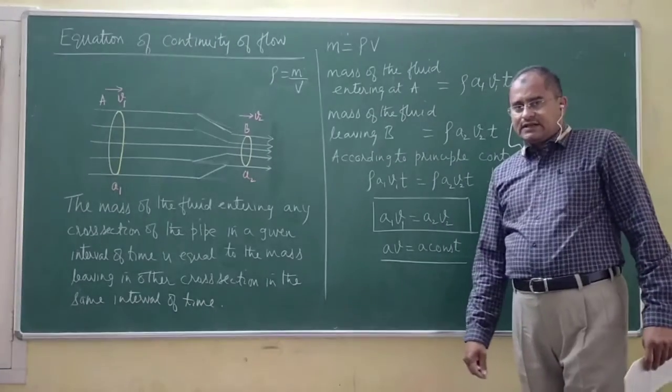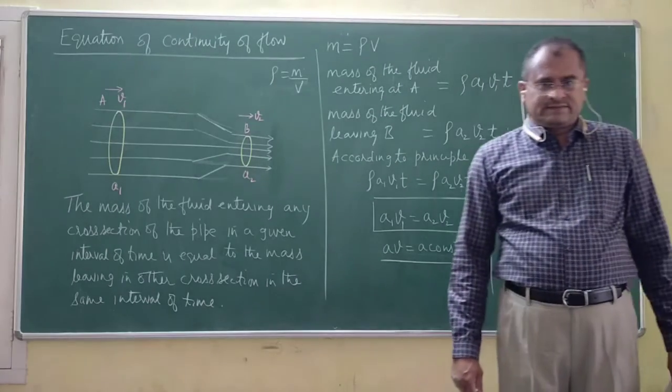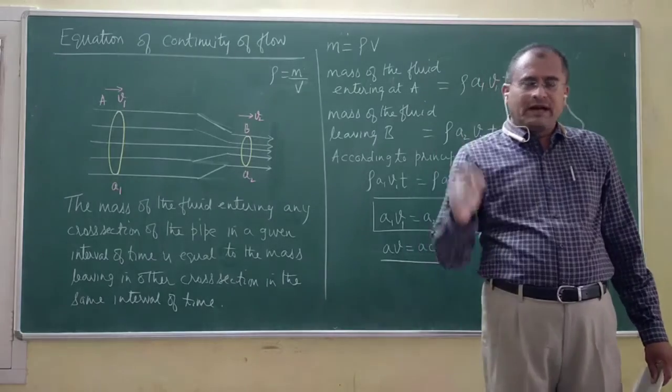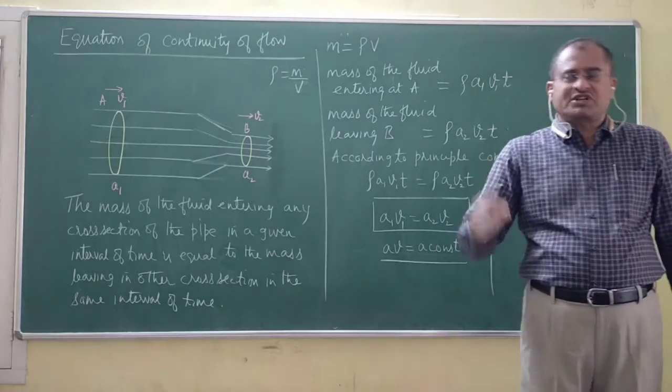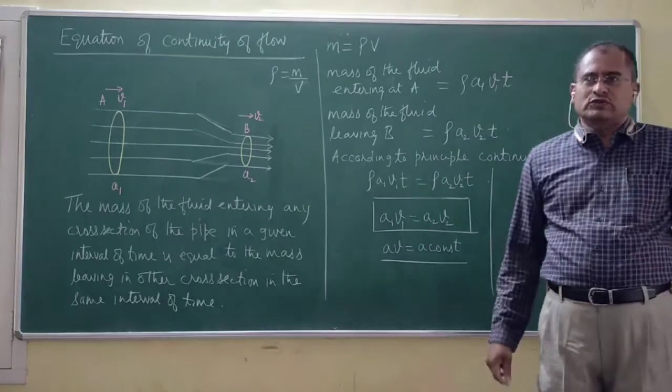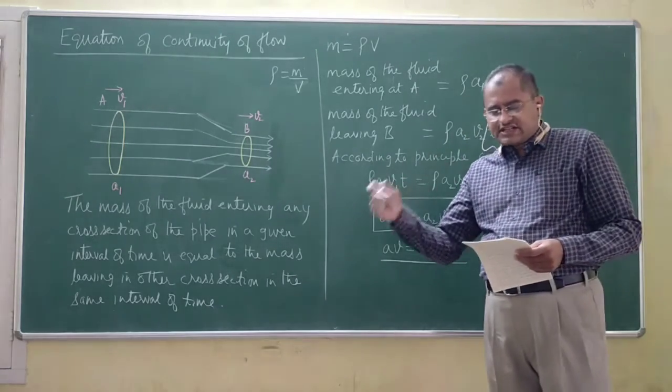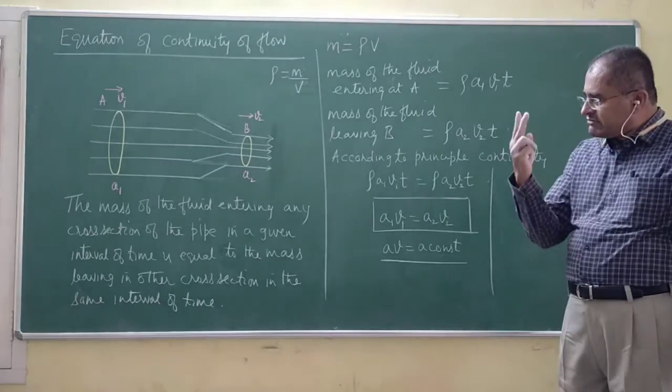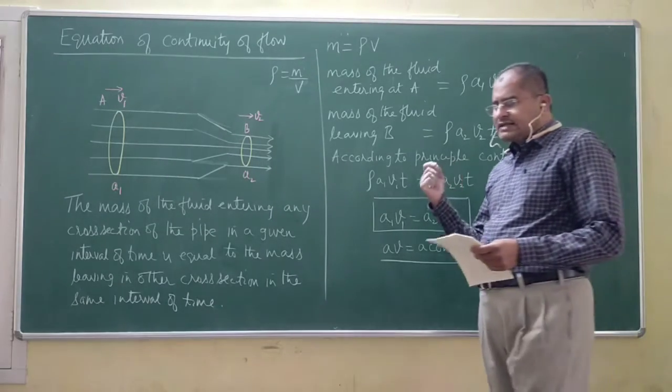I repeat, the velocity of the fluid entering the pipe at any cross section is inversely proportional to its area of cross section.